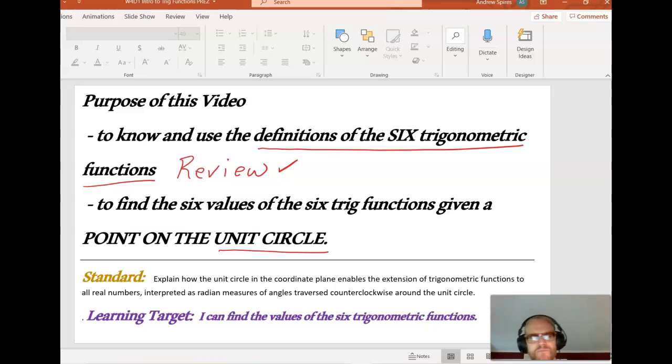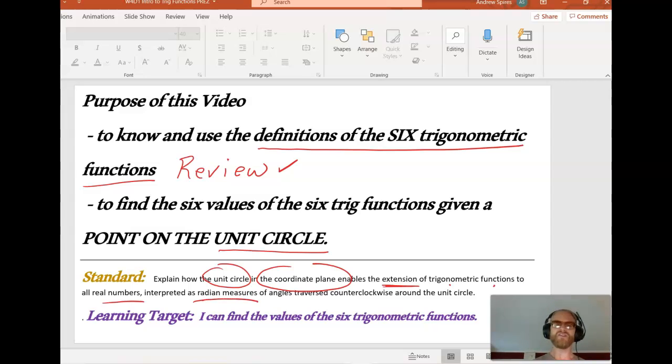We're going to make that extension, which is what the state of Georgia and most standards, because it's Common Core, ask for. How can we take those trigonometric functions that you've learned before and connect them to what's called a unit circle in the coordinate plane, radian measures, real numbers?